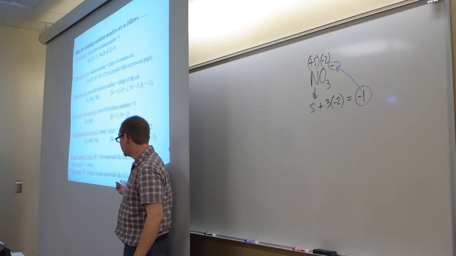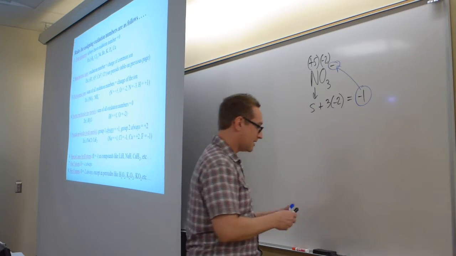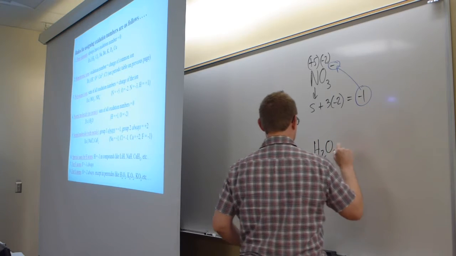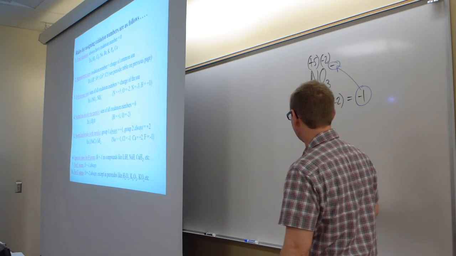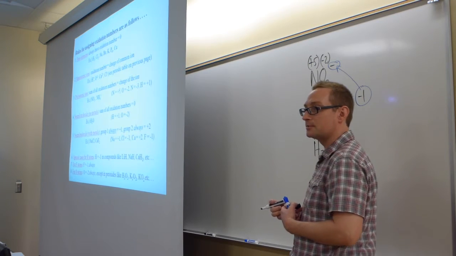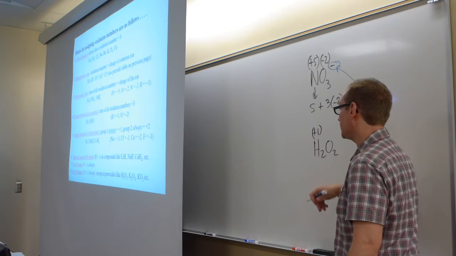So what do you think the oxidation number would be for H2O2? Let's see. Hydrogen is always +1, unless it's in a hydride, but this is not a hydride salt, this is just a covalent compound.